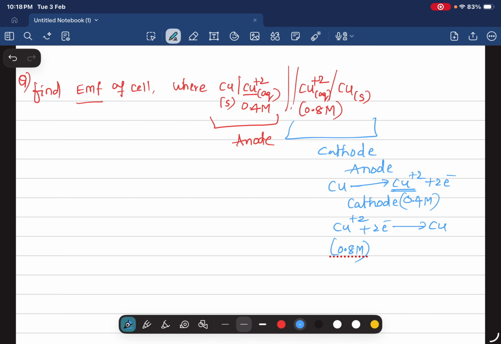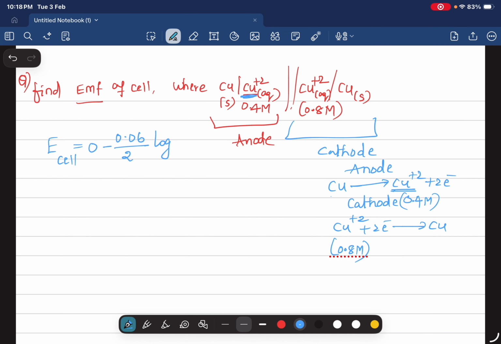So what can we conclude? E cell equals 0 minus 0.06 by n, because the compositions are the same, Cu2+ at cathode and Cu2+ at anode, so E0 together will be 0. How many electrons are transferred? 2 electrons.